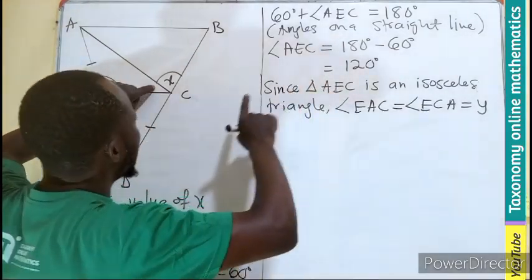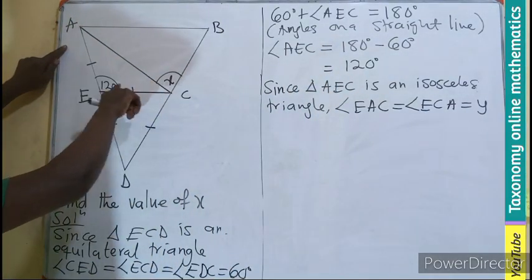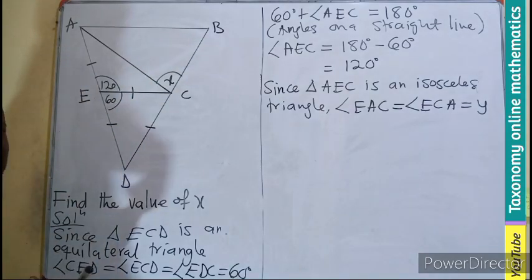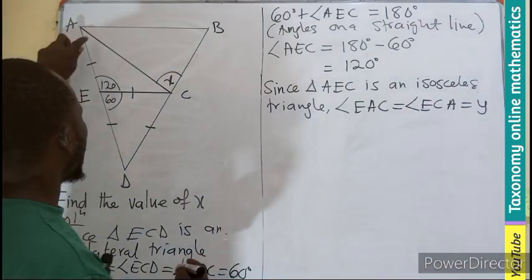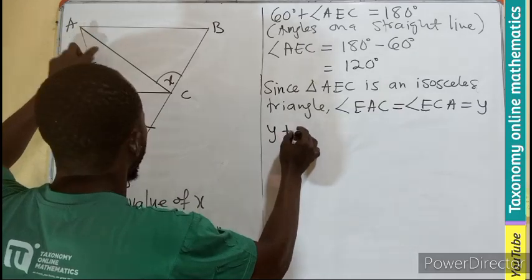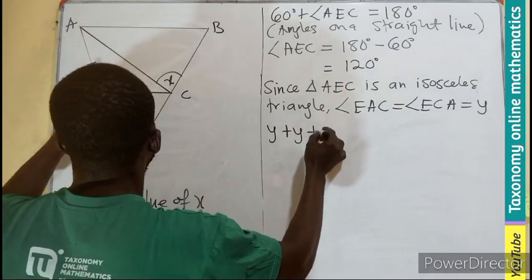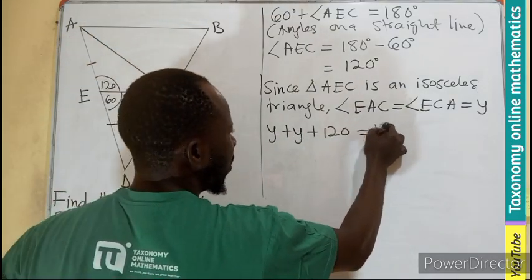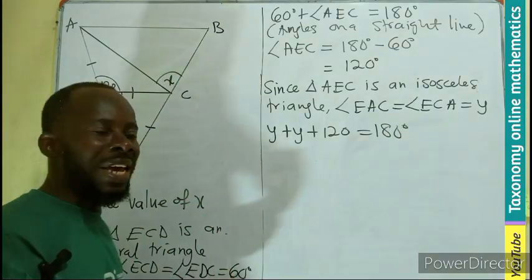Using the same properties, that the sum of angles in a triangle add up to 180, we can see that Y plus Y plus 120 will give us 180.